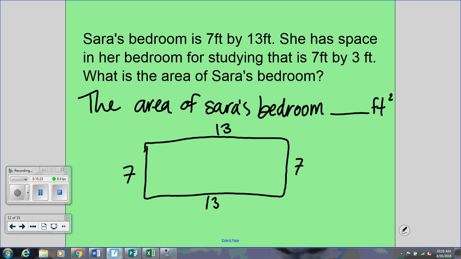What do you mean by that? Like what? Oh, so maybe it's right here, and that is broken into a 10 and a 3. Does that give her her 7 by 3 studying space? Yeah. Yeah, here it is right here.